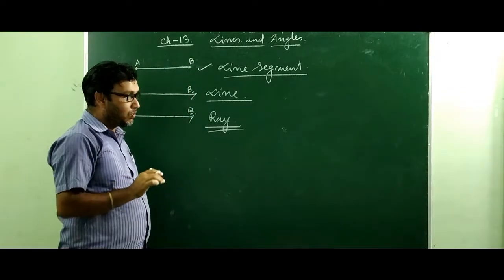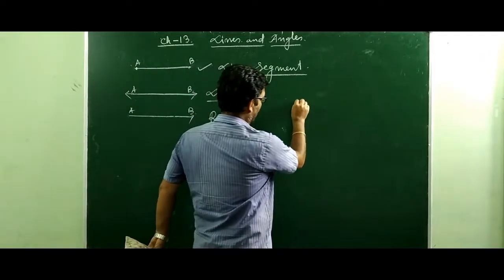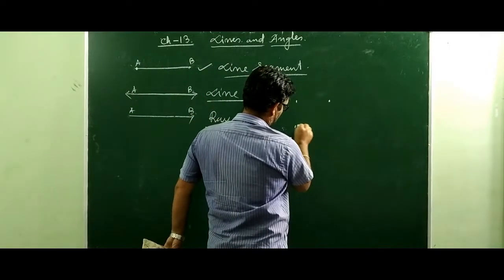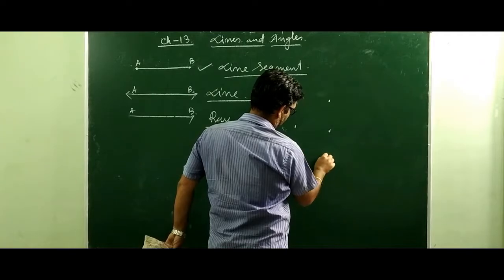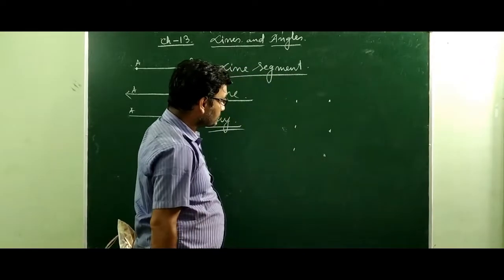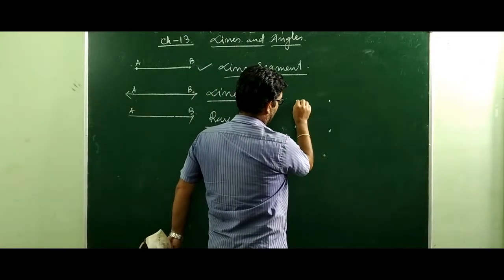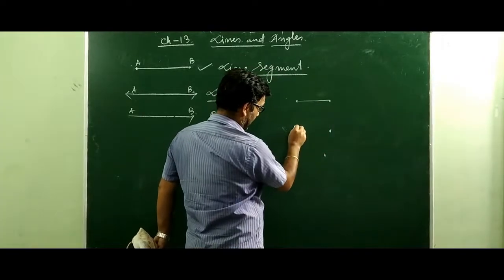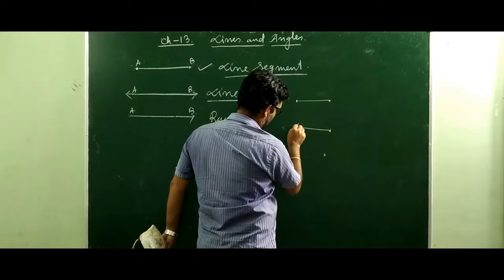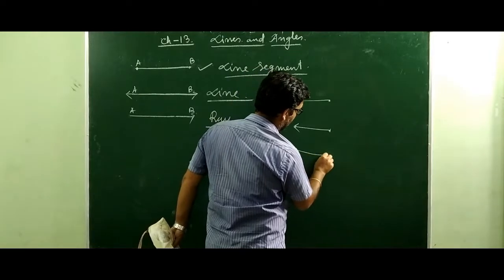So the difference between these three diagrams: the first diagram is AB. Here 2 points are given, here also 2 points, and here also 2 points. The first is given like this, the second like this, and the third like this.